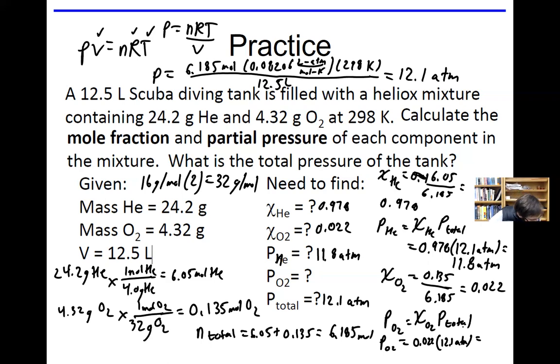If we plug that in, we get 0.3 atmospheres, as we predicted. Again, this all makes sense because 11.8 plus 0.3 equals 12.1. So that's calculating everything we could about the mole fractions and the partial pressures of this mixture of gases.